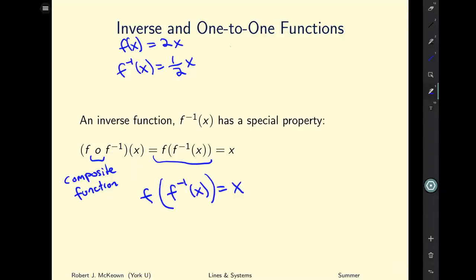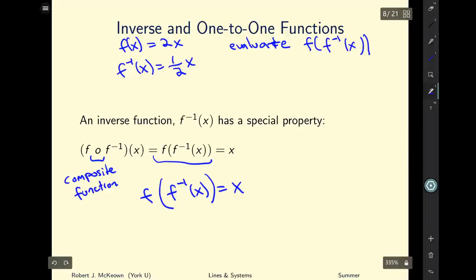And say I wanted to evaluate... we always start with the inner, right?